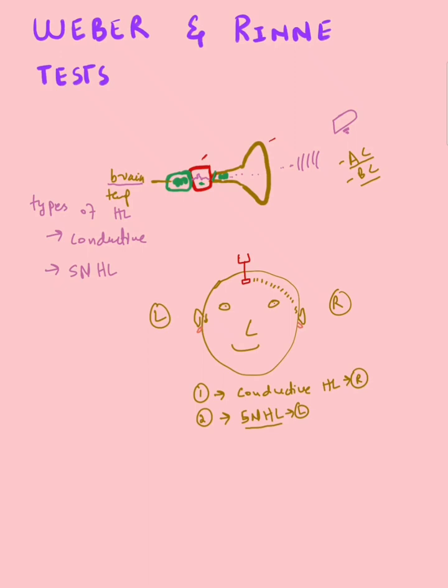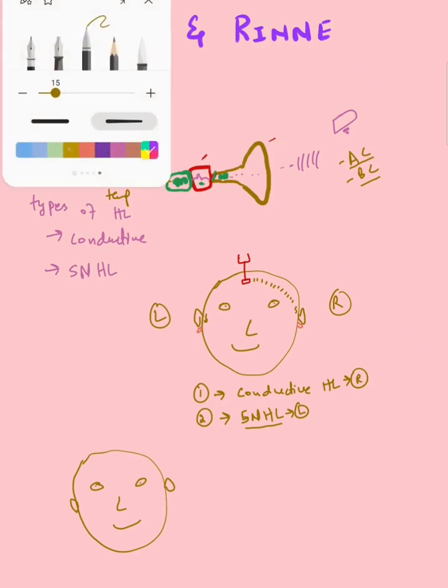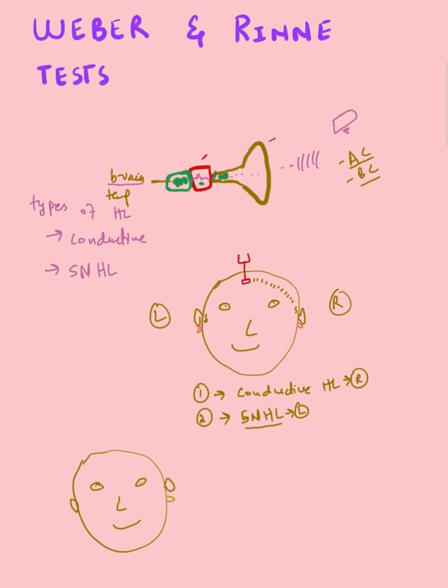In the Rinne test, we have the same patient here, and we have the mastoid here, and we have the tuning fork here. What happens in the Rinne test is we check the air conduction and the bone conduction.